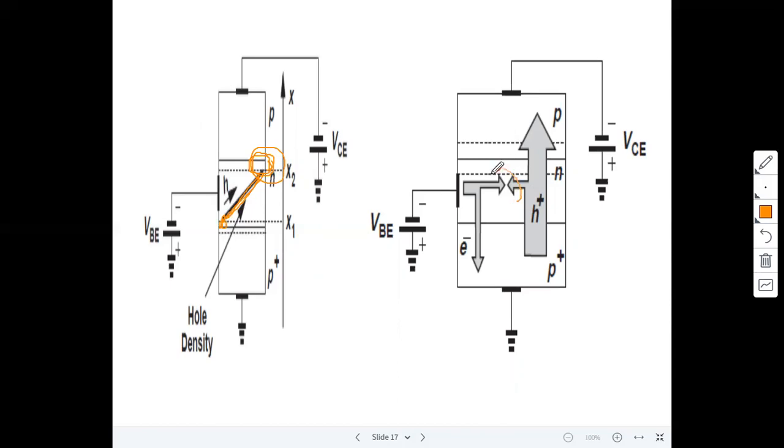These arrows indicate some recombination taking place at the base. This is the emitter, this is the base, and this is the collector. A majority of holes flow from the emitter to the collector region. There is a small percentage of recombination at the base region.